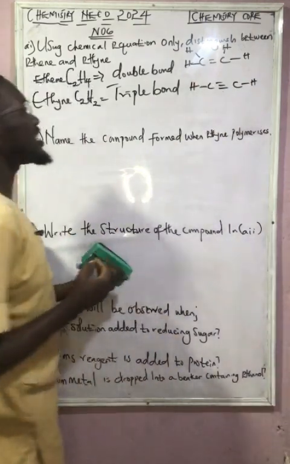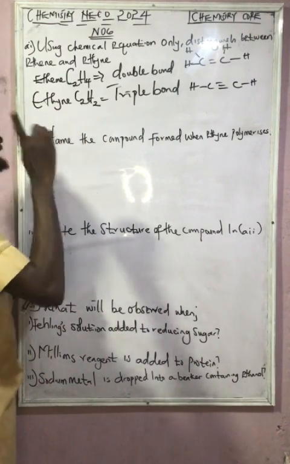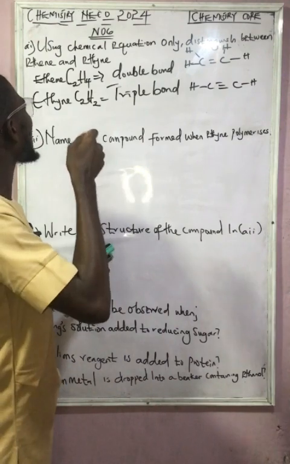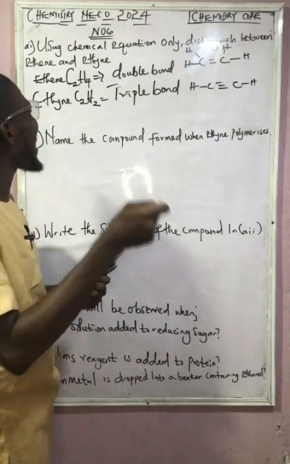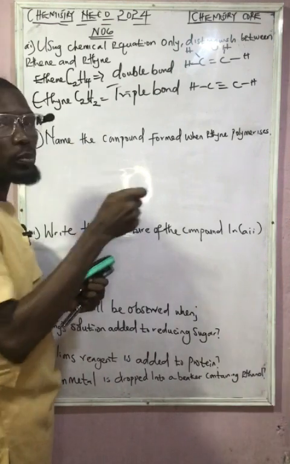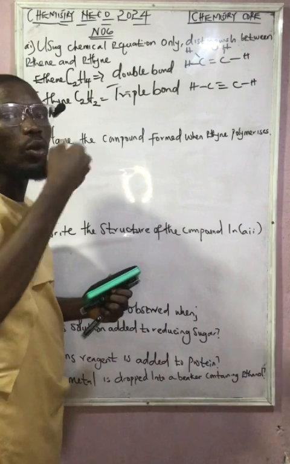Now, what is the difference between ethene and ethyne? The first thing that you can easily use to distinguish between both is that every ethene has a double bond, which is classified as an alkene.